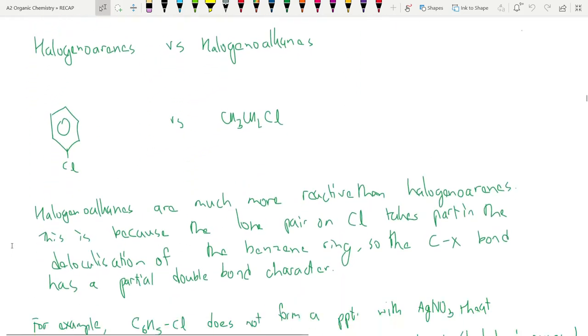Now we need to know about halogenoarenes and halogenoalkanes, like aryl chlorides and alkyl chlorides. So halogenoalkanes are much more reactive than halogenoarenes. This is because the lone pair on chlorine takes part in the delocalization of the benzene ring.